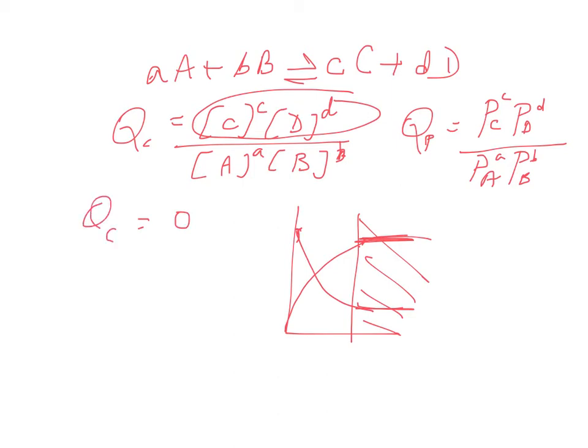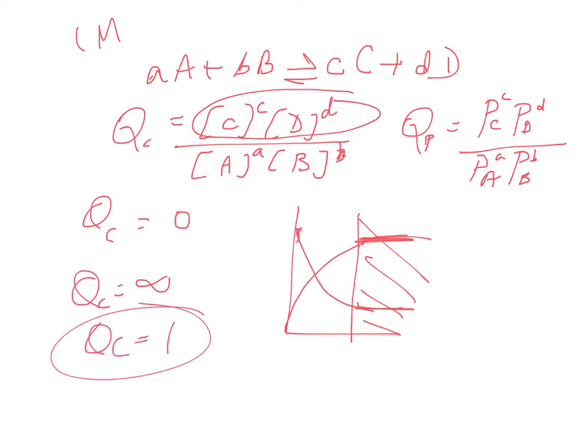On the other hand, once your reaction is completely done, if you contain only products, then the QC would be equal to infinite, because you're going to end up with no reactants in the reaction, and so the denominator is going to be 0. In a reaction mixture which contains both reactants and products, and let's say each is at 1 molar concentration, you would say that QC in that case is going to end up being 1.